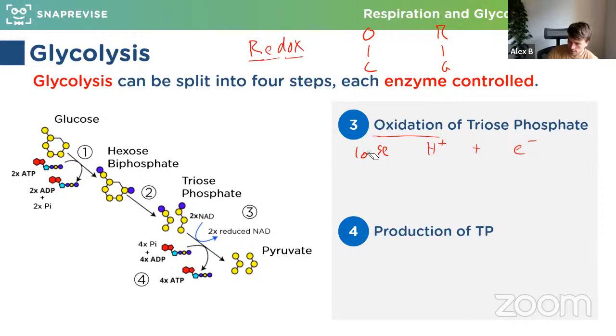So lose hydrogens and electrons. At the same time, NAD is reduced to NADH. Then we produce, I should say, pyruvate.